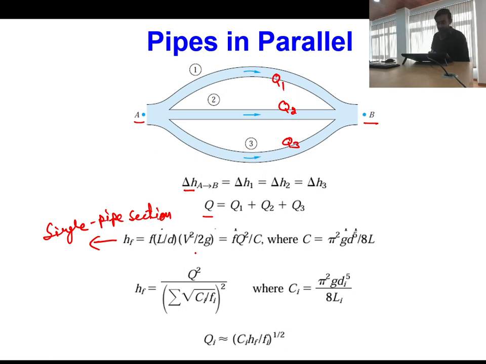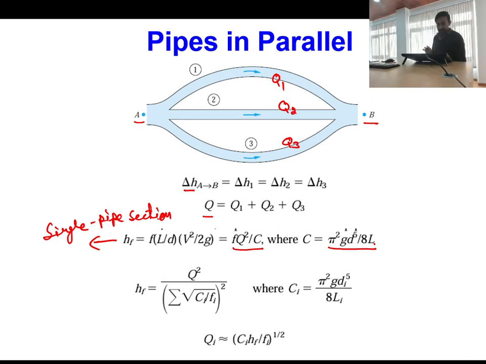In terms of flow rate, if I couple velocity and diameter to obtain a flow rate, I can write it as f times Q square by C, where this constant C is nothing but pi square g D to the power 5 divided by 8L. All these parameters, diameter of the pipe, length, pi and g, are constants, so I can call C an individual constant.